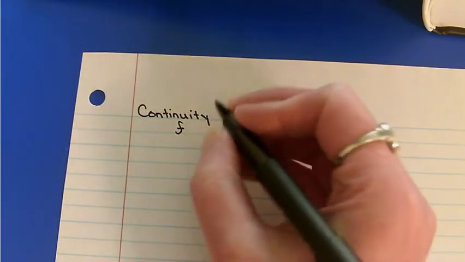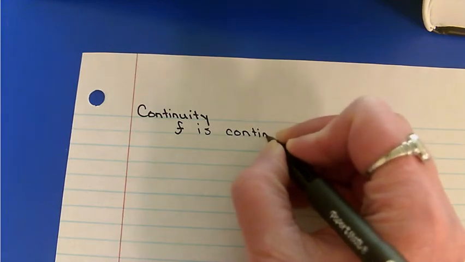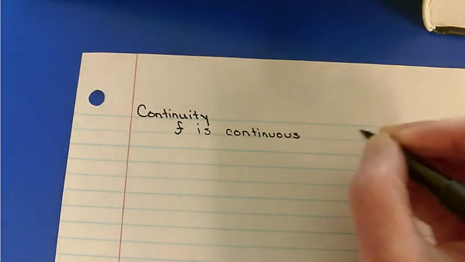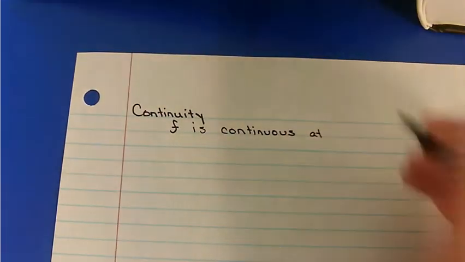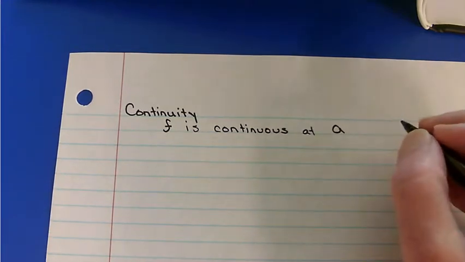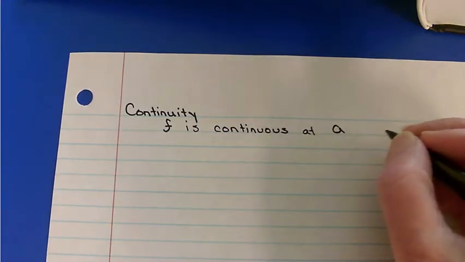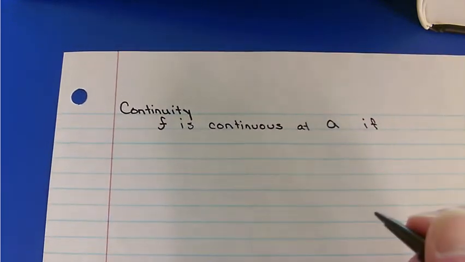F is continuous at some number A if, what are the conditions?